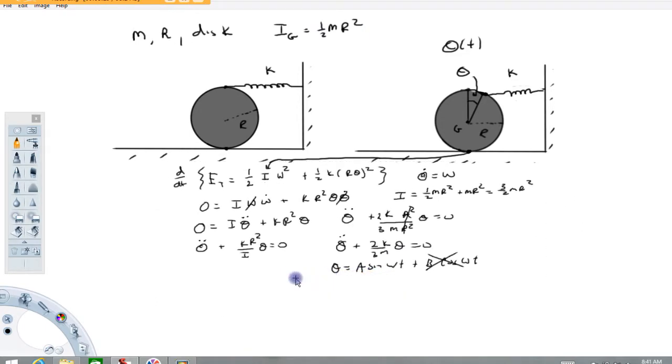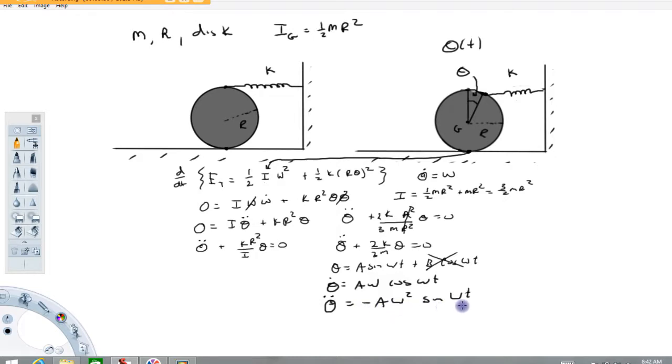All right, so in order to find the frequency, we have to sub into our differential equation here. That means I'm going to need the second derivative of this animal. First derivative is A omega cosine omega t. Second derivative is minus A omega squared sine omega t.